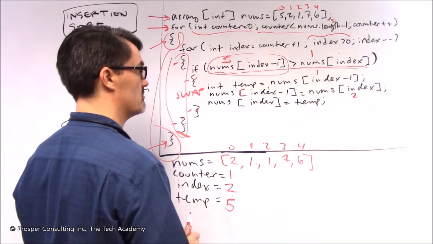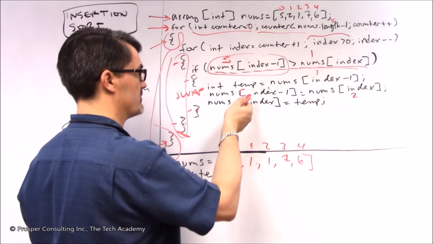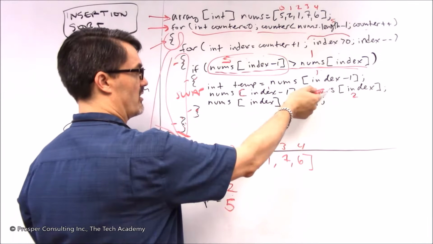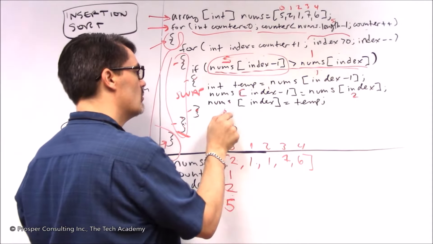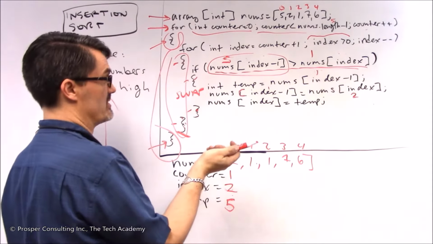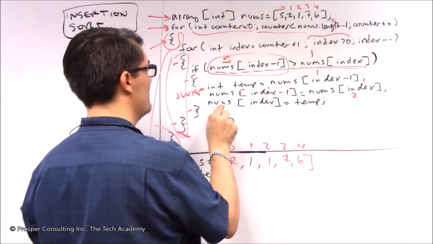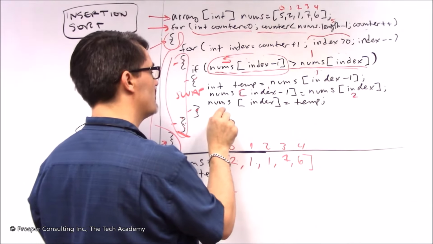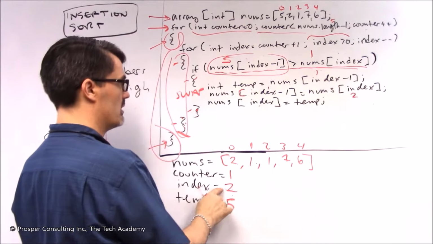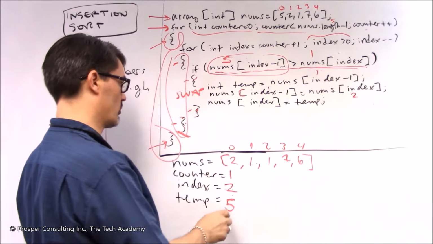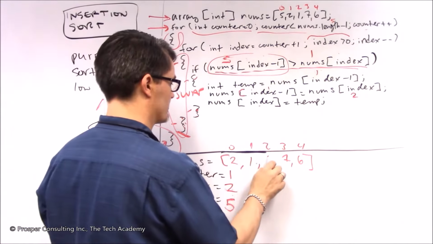There it is. We made the value at position 1 equal to the value in position 2. It's a 1. But then we don't want to lose our 5, like we almost did before. So now we set the value of the element in the array nums at position 2 equal to that temporary number we stored, which is a 5. So now we make this a 5.